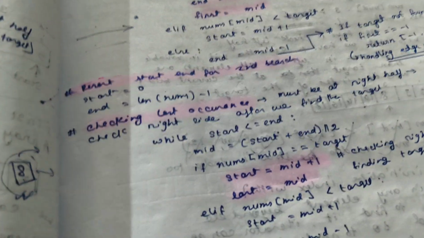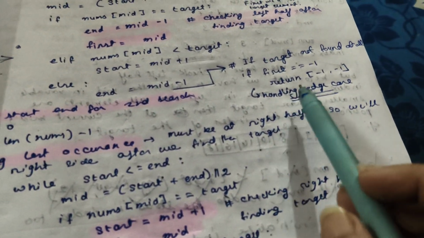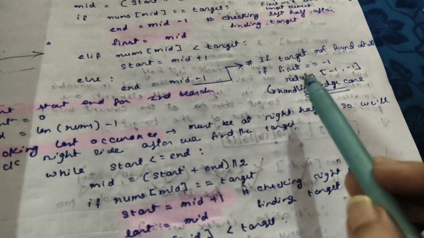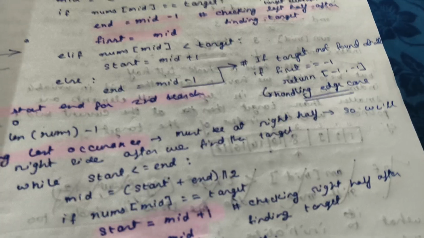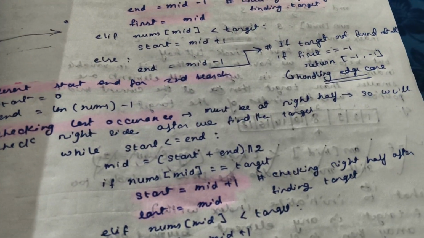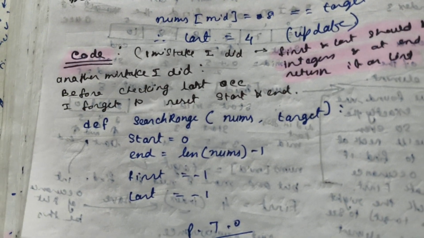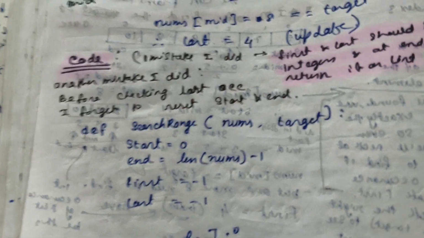And then after that, we have to handle one edge case. Suppose in a case we didn't find the target element at all. In that case the first will be like we didn't find the first, and initially we have initialized first equal to minus 1 and last equal to minus 1.